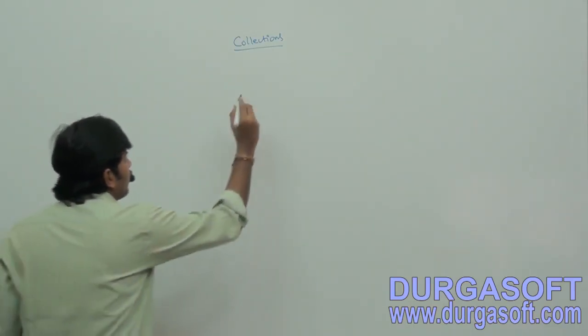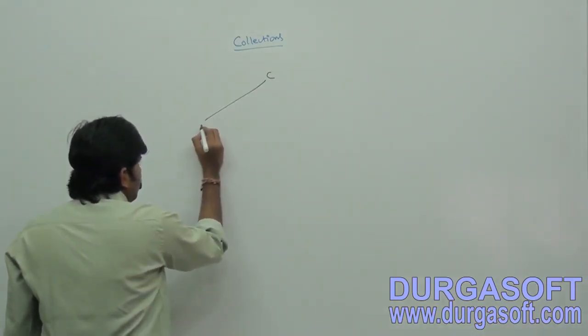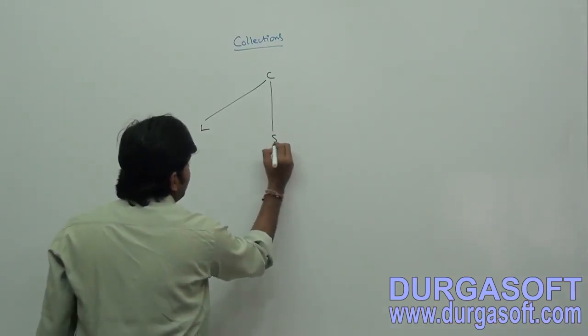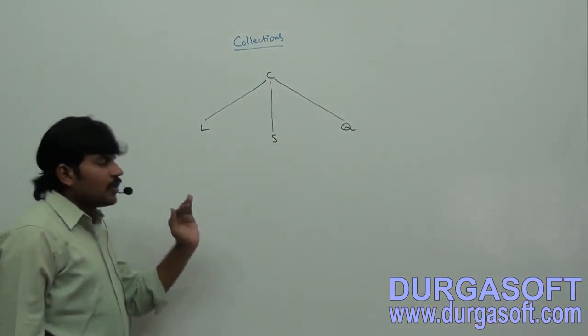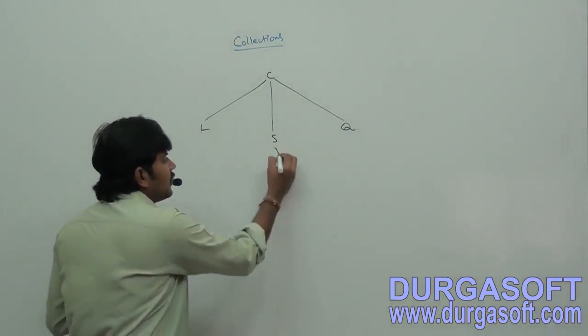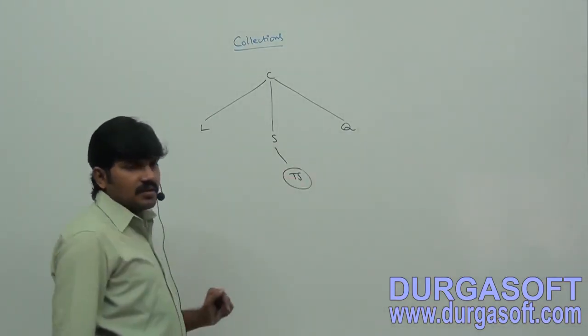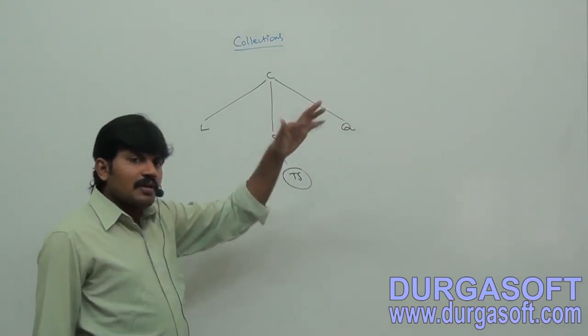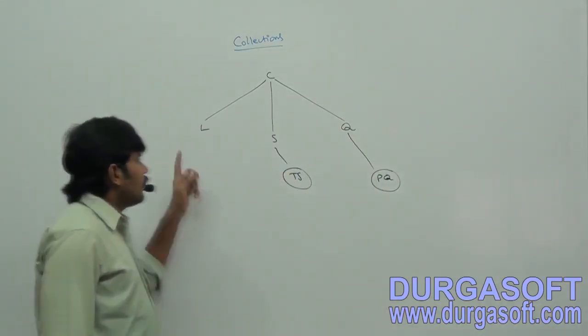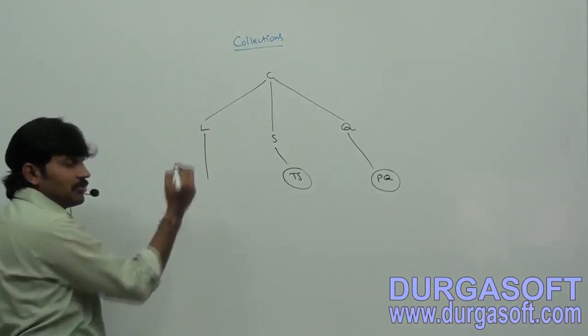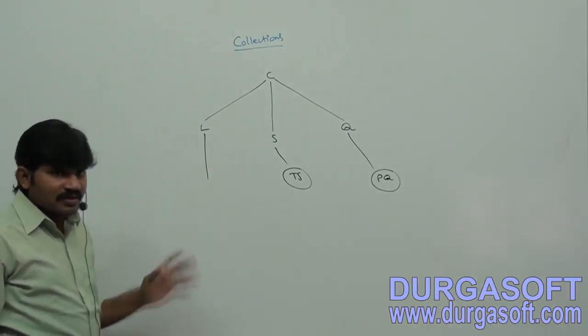Best example: if we consider Collection, List is there, Set is there, Queue is there. If you want sorting for the set, TreeSet is there, which talks about sorting. If you want sorting for the queue, PriorityQueue is there. But if you want sorting for the list, there is no sorting type of terminology.